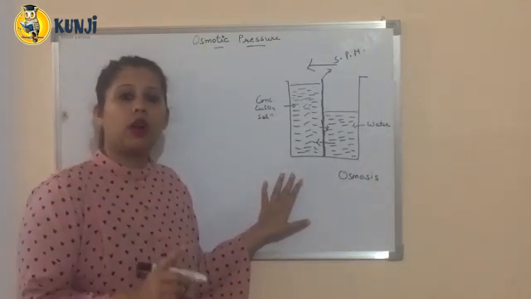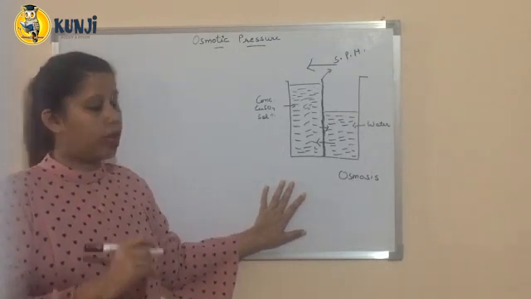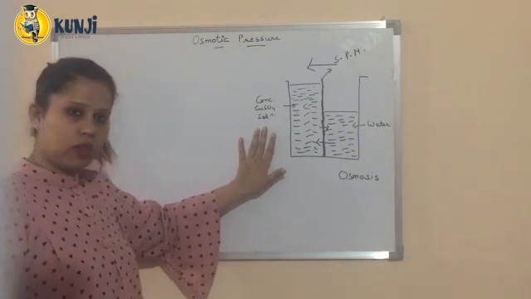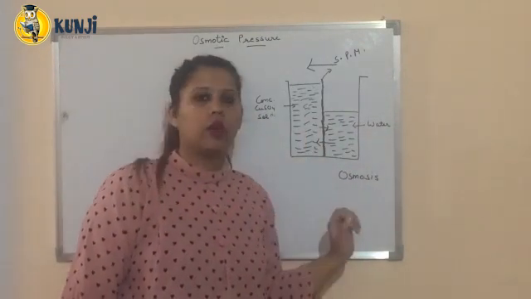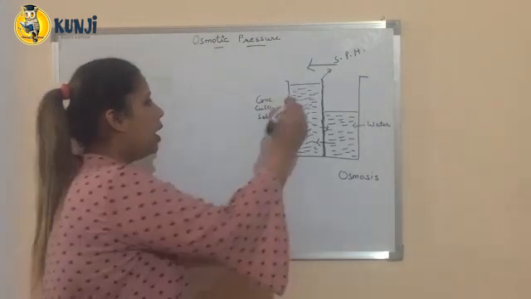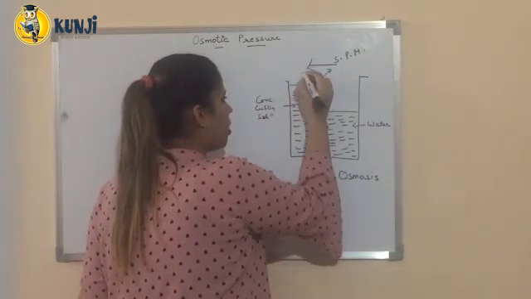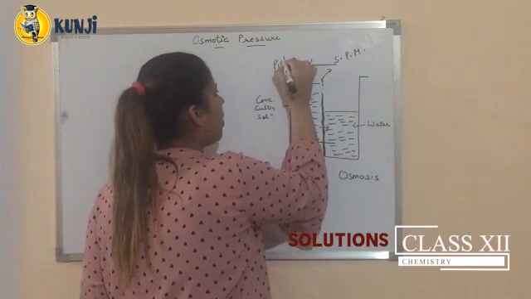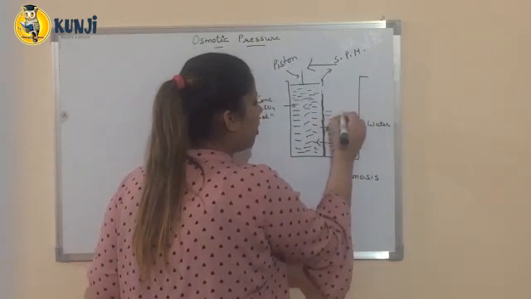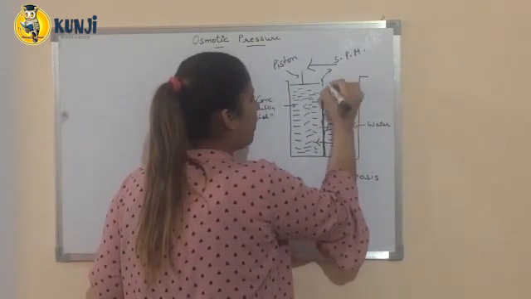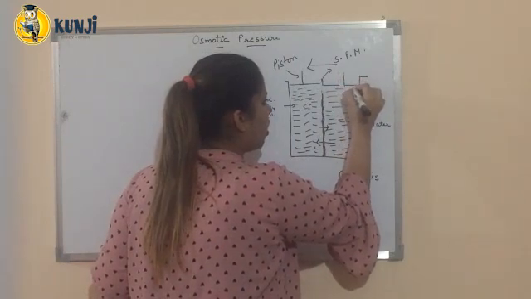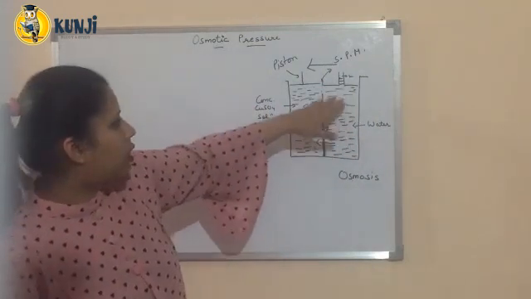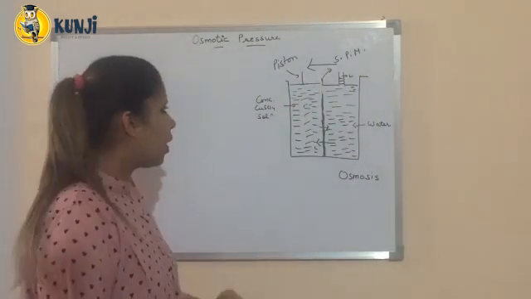Now we'll define the osmotic pressure. What do you mean by osmotic pressure? In this beaker I have taken concentrated CuSO4 solution in one compartment and in the other I have taken water or a solvent. Now if I put a frictionless piston here, the level of water should be till L position.